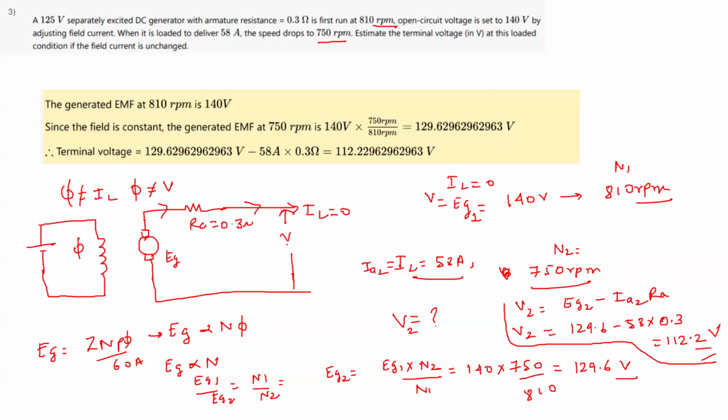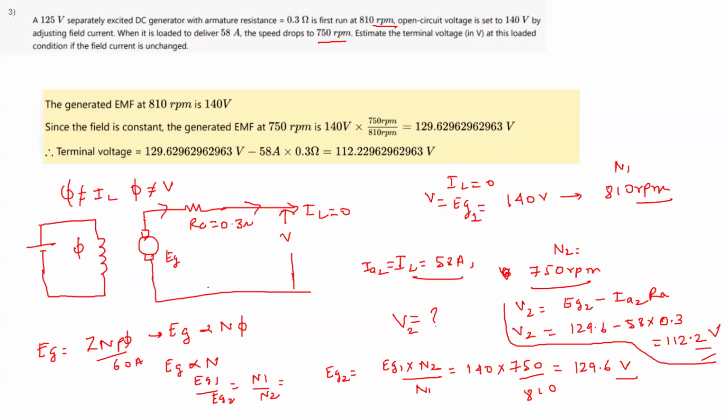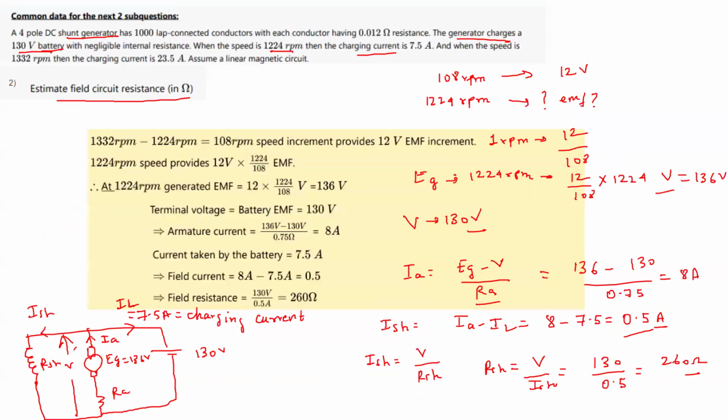Now we go to the next question. In these things, what you need to know is what things are constant and what thing depends on what. Anytime you see a question like a DC shunt generator, you draw this circuit on the side and label these things so that you can quickly write the EMF equations and see what all things are available to you.